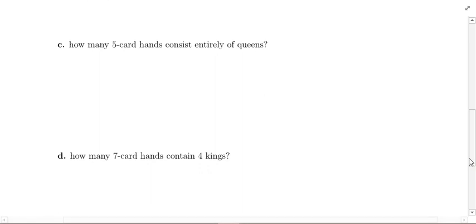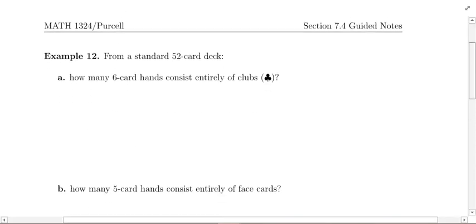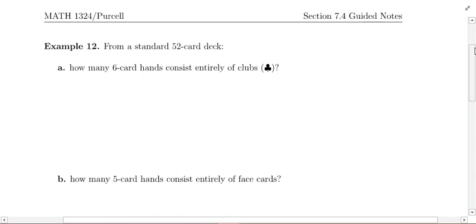And finally in part D, how many 7-card hands contain 4 kings? Like I said, these types of problems involve counting the number of hands of a certain size that meet some kind of characteristic.